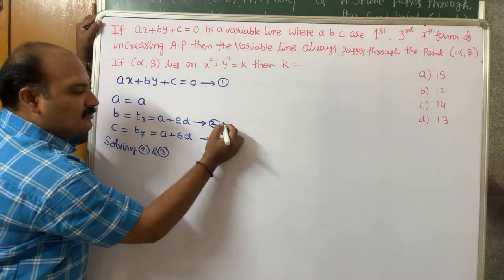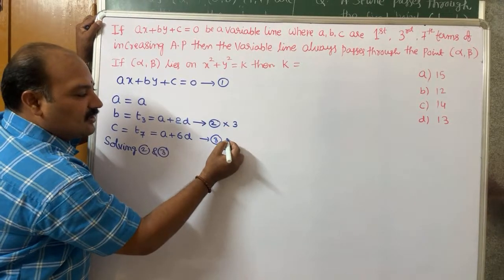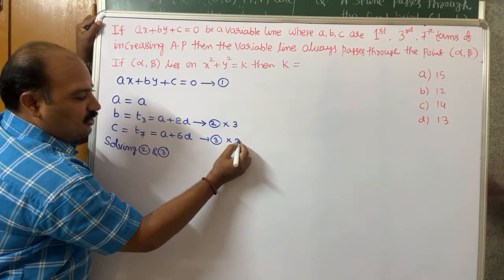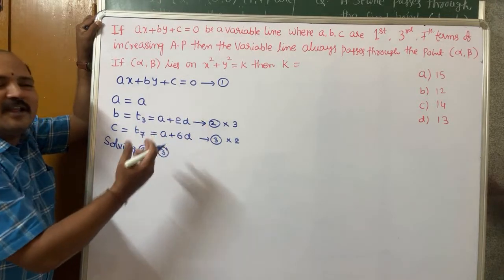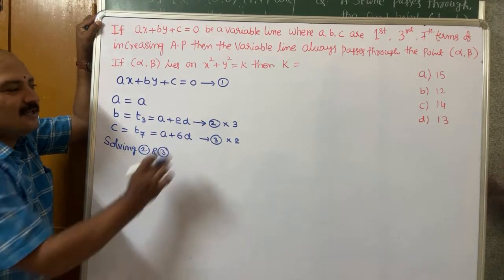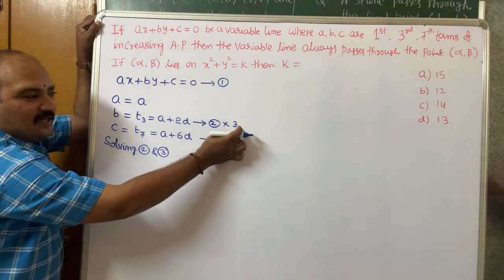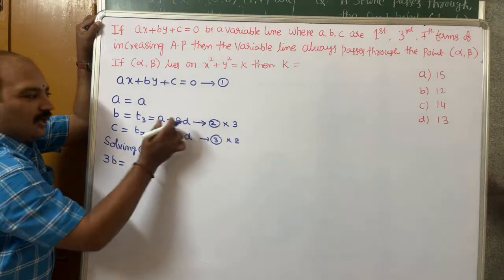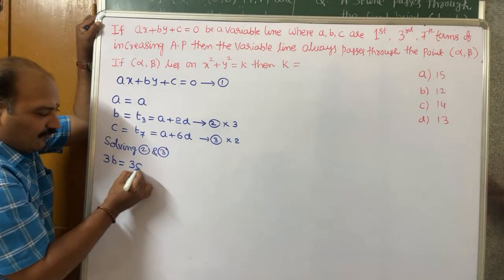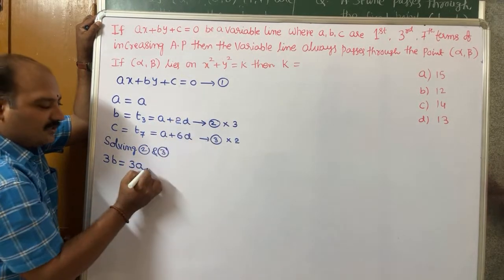This equation multiplying by 3, this equation multiplying by 2. Why is that? I want to eliminate the d value, d is the common difference. If you multiply this equation with 3, 3b is equal to 3 into a, 3a, next 3 into 2d, 6d.